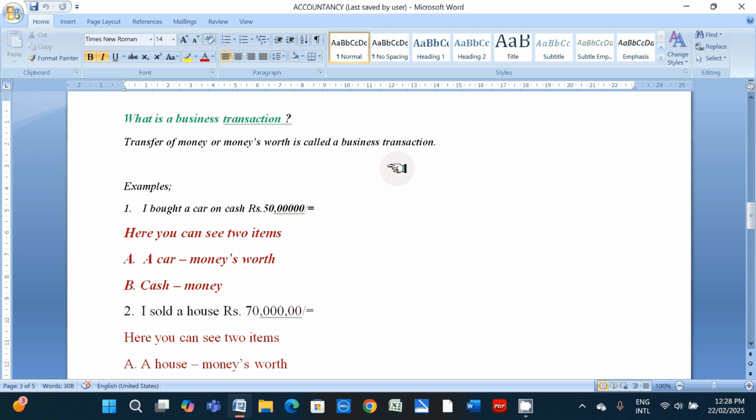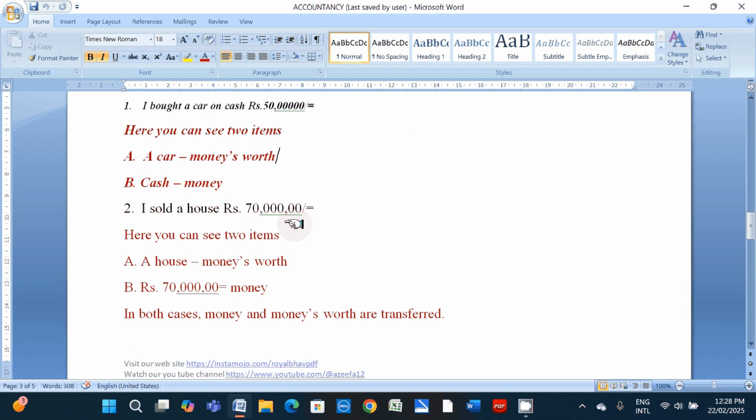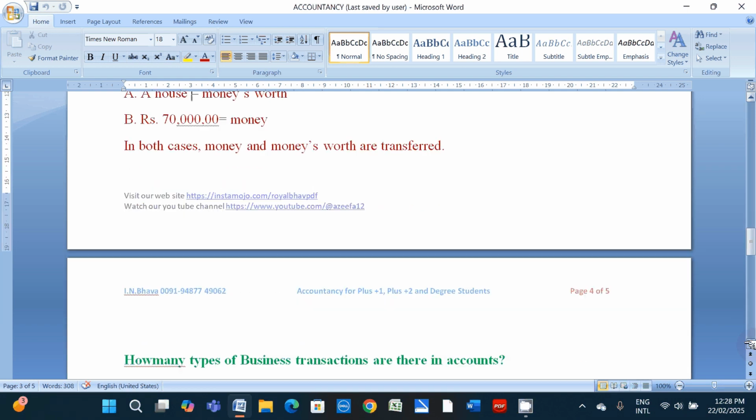That is called a business transaction. Another example: I sold a house for 70 lakhs. Here you can see two items. A house is the money's worth. Rupees 70 lakhs is money in cash. In both cases, money and money's worth are transferred. That is why it is called a business transaction.